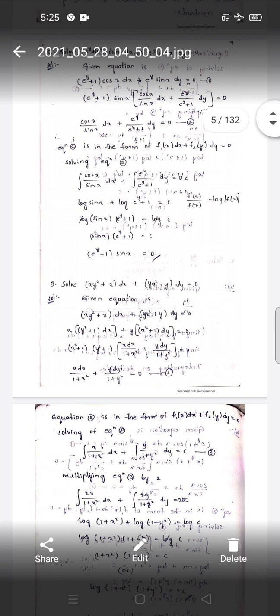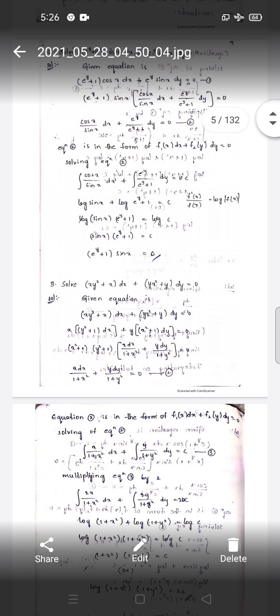Both sides' logs cancel, and the remaining value is sin x times (e^y + 1) equals c. So (e^y + 1) sin x = c, where c is a constant. This is the general solution.